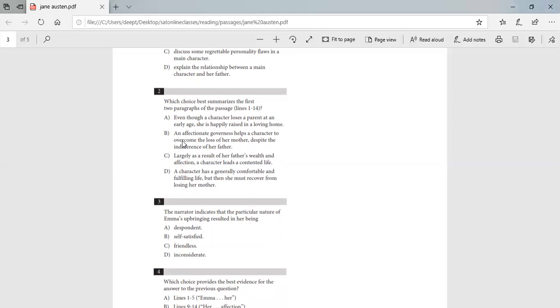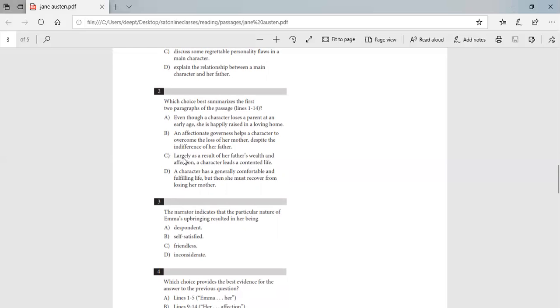And then the governess helped. Is it like that, or is it just that the mother wasn't there and the governess was there, so the girl never felt anything? We don't have a lot of material to prove this option. Even if we can infer it in our mind, we can assume it in our mind, we don't have lots of proof here, so it's not a very strong option.